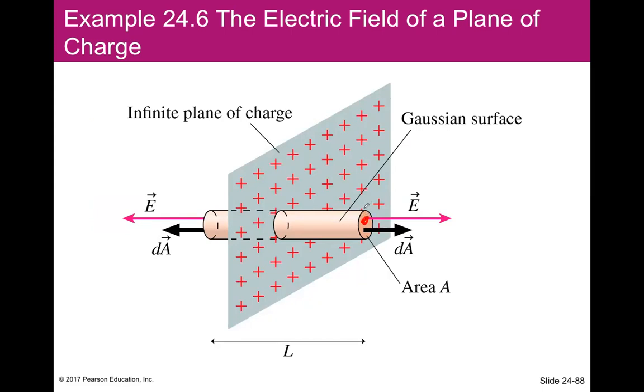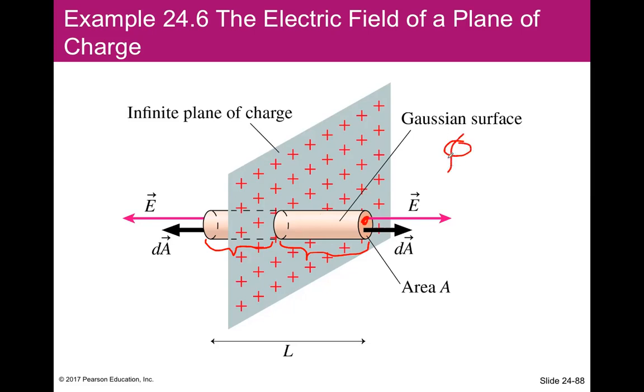And then the side surface of the cylinder is perpendicular to your plane. And let's make the same distance between here and here. So in this way, you make a symmetric cylinder, which is cut by this plane at the middle point of the cylinder. In this way, we can use Gauss's law to do the calculation easily.